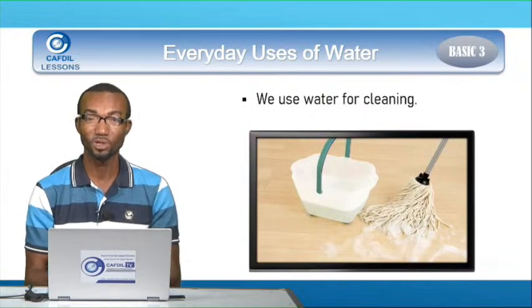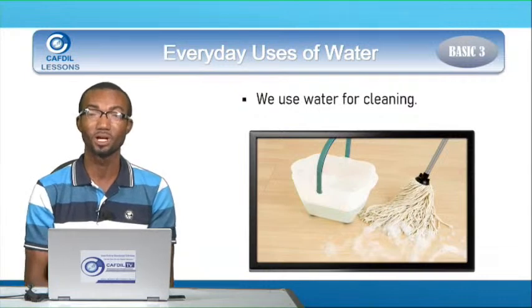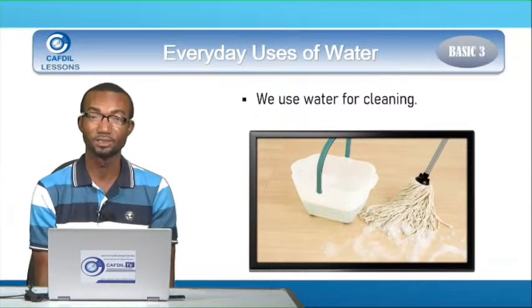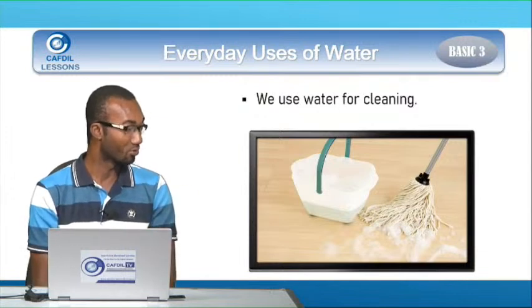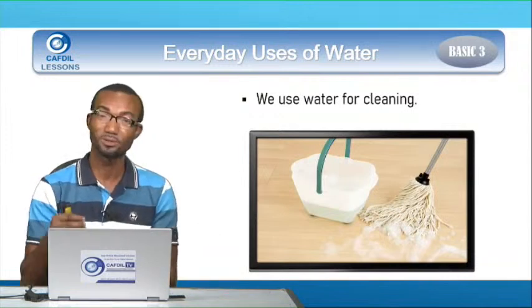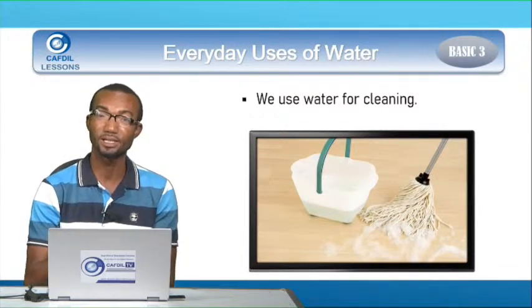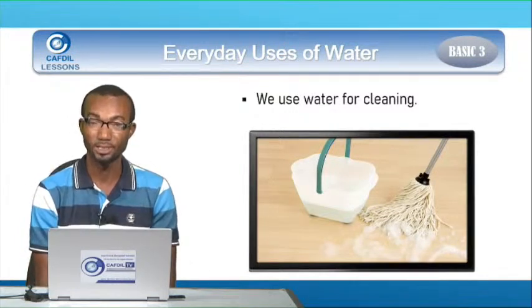We also use water for cleaning. So when you go to school or when you are at home and you are doing cleaning, you use water. As you see on the screen, you take in some buckets of water or a bowl of water. Sometimes you pour some detergent inside to add a little soap to it, and then you use it for cleaning.